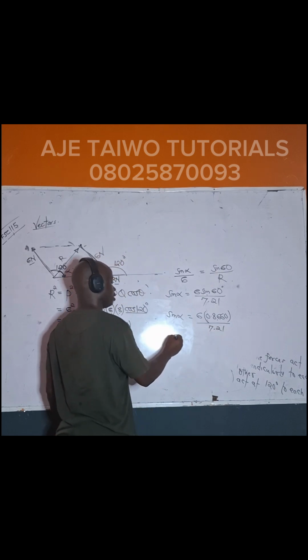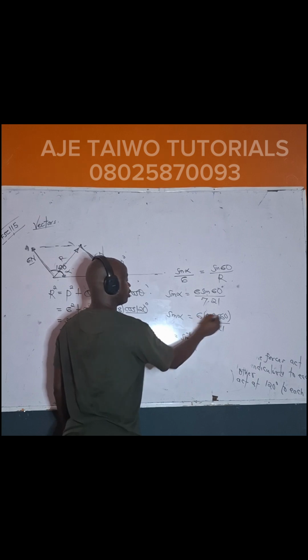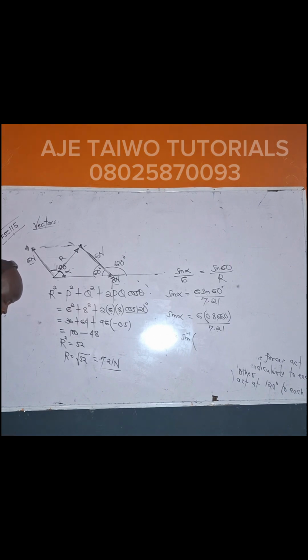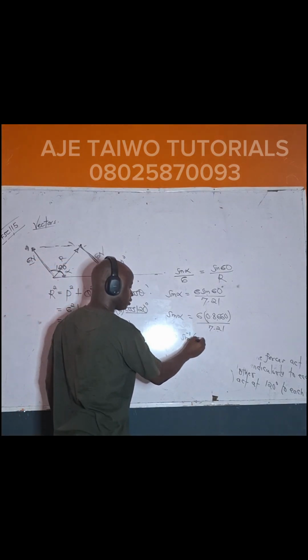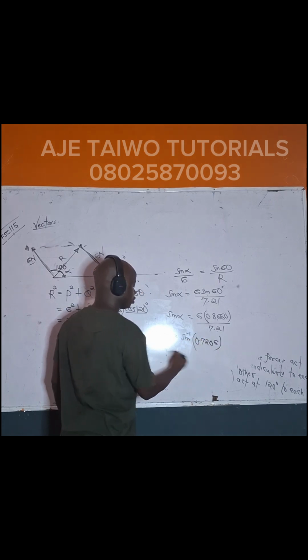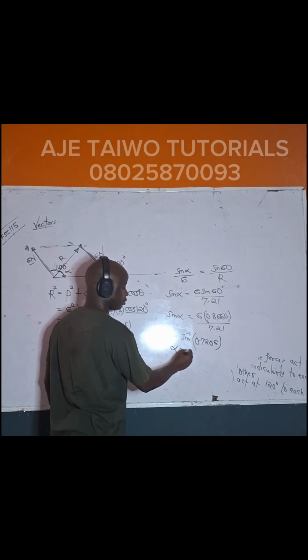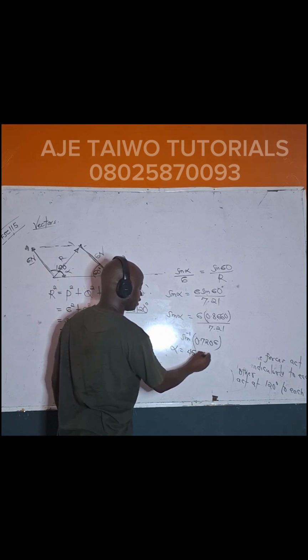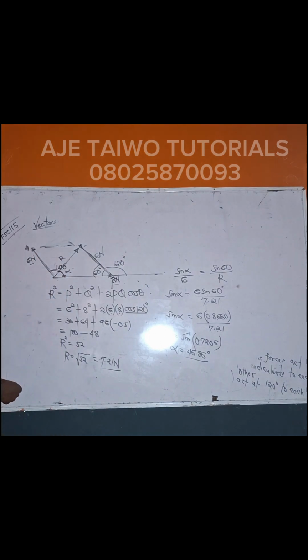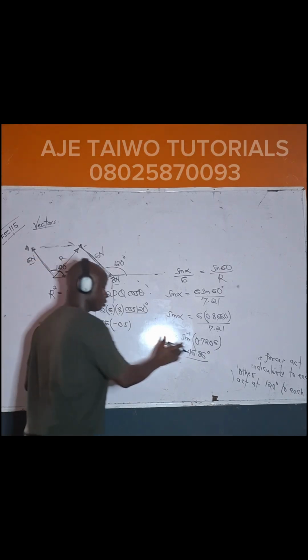Punch this over this. 0.72. So what's that alpha? 46.1 degrees.